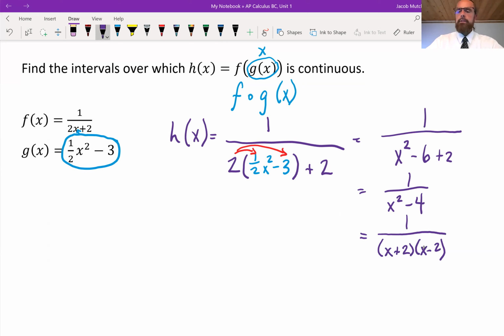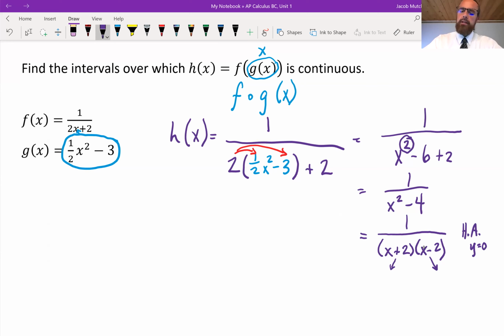It's got a horizontal asymptote of y equals 0. And again, I know that because on the original, the high power on x was in the denominator. And then I've got 2 vertical asymptotes from these 2 linear factors in the denominator.